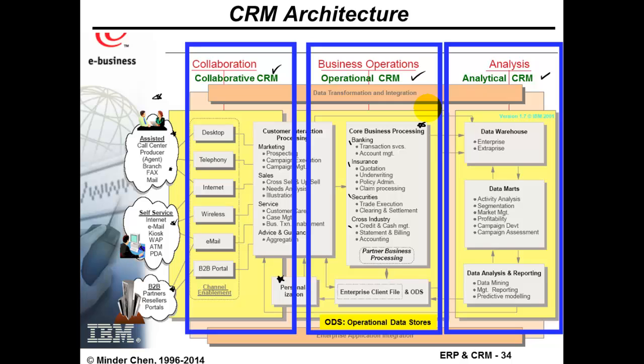A lot of the information from the interaction with the customer, by processing customers' order requests, will be collected in an operational database. But that data will eventually be extracted, transformed, and loaded into your corporate enterprise-wide database.